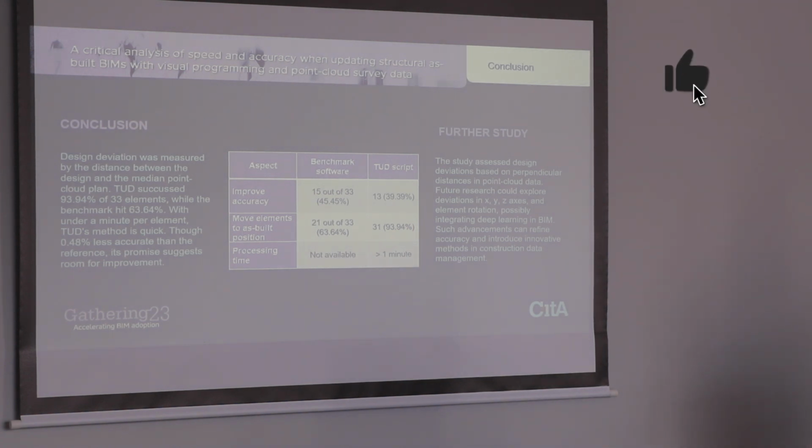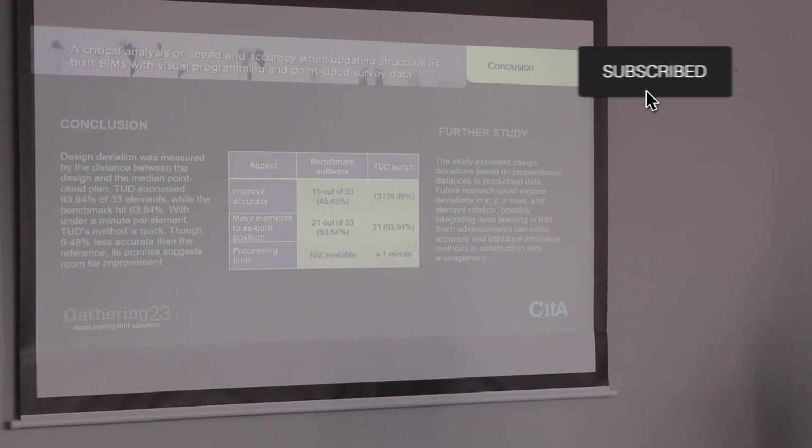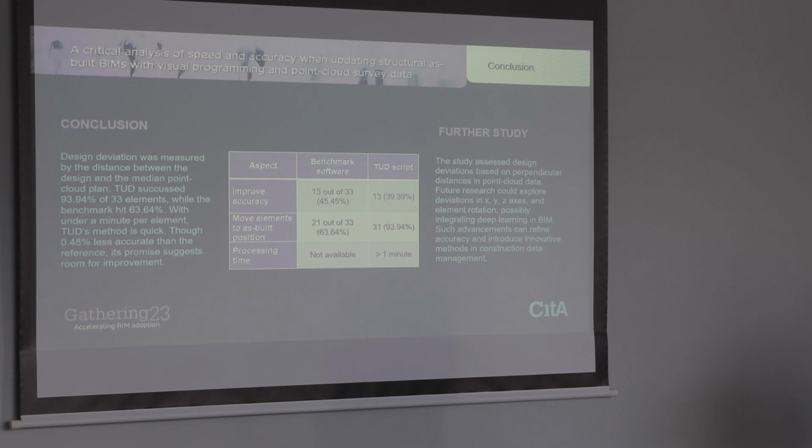In terms of accuracy, I believe there might be a better way to measure accuracy. So it was 39%. But in terms of moving elements to the as-built position, it was 93, nearly 94%. So it's a very good number. Even in this study, I only analyzed one direction, the perpendicular direction to the element.